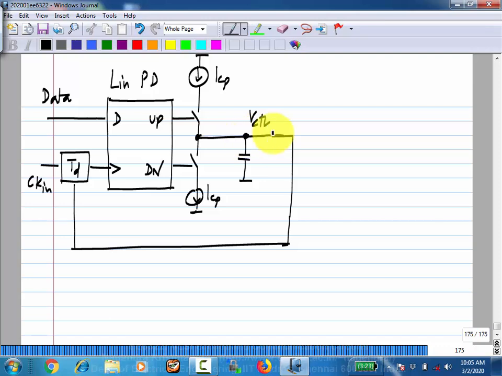Okay. So this is the CDR with forwarded clock, the one that we are all familiar with.